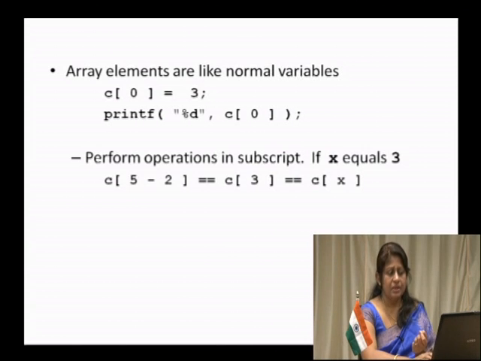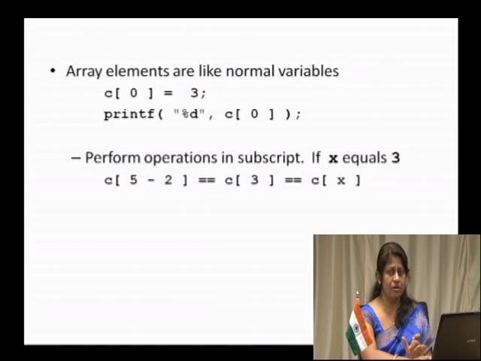Next, performing operations in the subscript. Are we allowed to have any kind of operations in the subscript portion or the index portion? Yes, we could. Say I am referring to the fourth element in my array. How is the fourth element addressed?